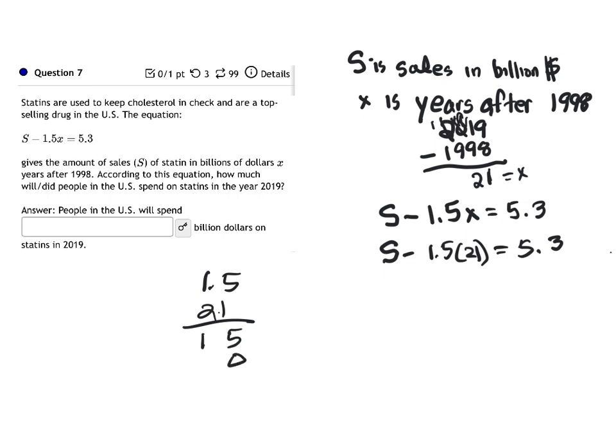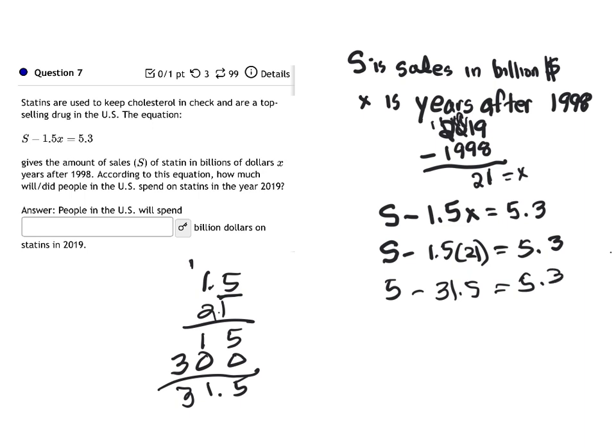Put a 0. 2 times 5 is 10. Carry the 1. 2 times 1 is 2. Plus 1 is 3. Count the decimal places. There's 1. Let's line this up. So that's 31.5. So S minus 31.5 equals 5.3.